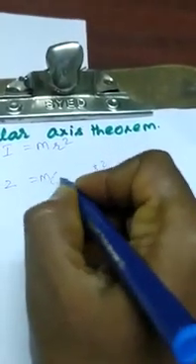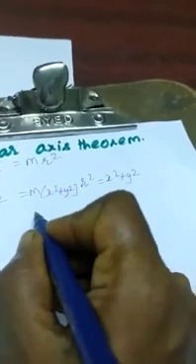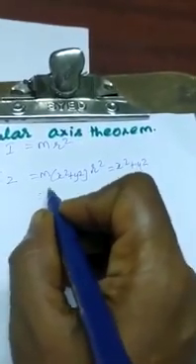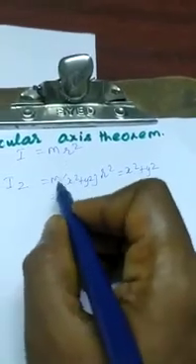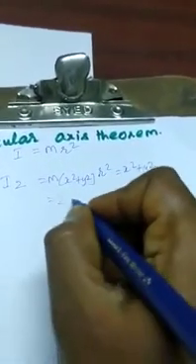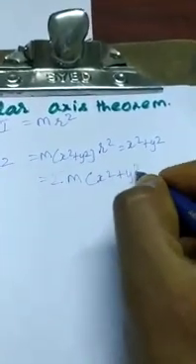Now we substitute the values: X squared plus Y squared. Now we find the moment of inertia about the Z axis for the entire object. We sum this equation. So summation of M into X squared plus Y squared.